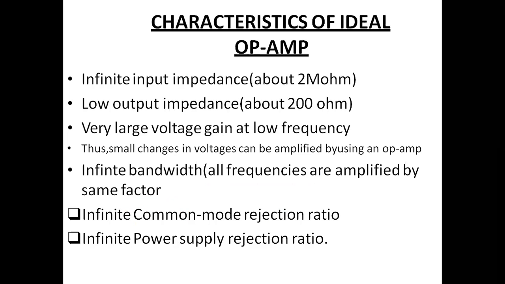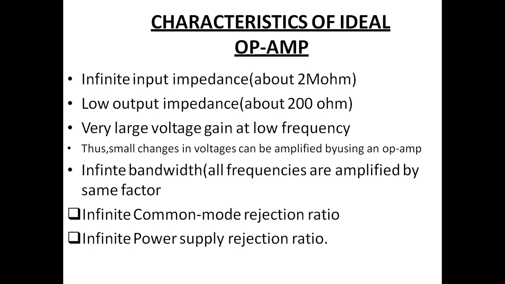Now we are supposed to study the different characteristics of the ideal op-amp. We have seen that if we use the op-amp as ideal, we require infinite input impedance, that is about 2 mega ohm. Low output impedance, about 200 ohm.